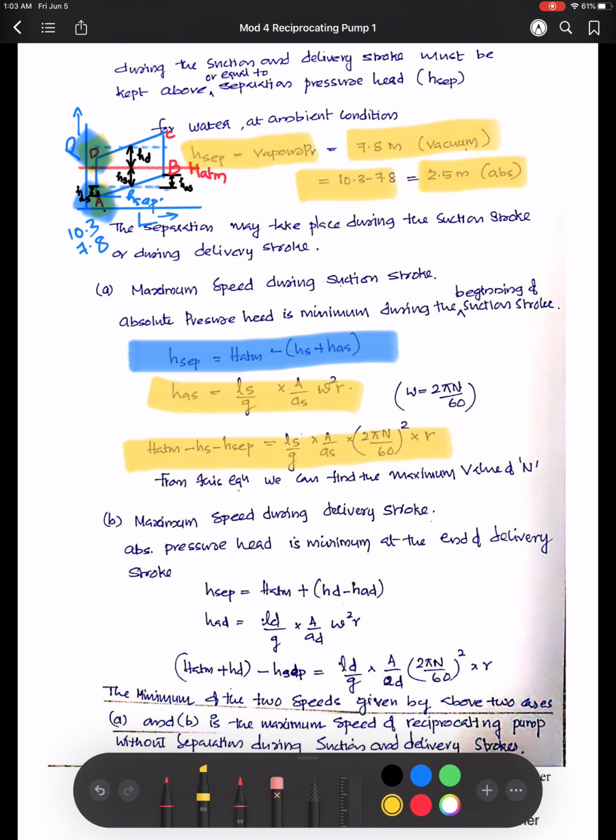From this equation we can find the maximum value of N. Similarly, during delivery stroke also, applying these conditions, we'll get another similar equation, and the maximum speed is selected by selecting the minimum of the 2 speeds given by the above 2 cases A and B. Clear? So I hope you understood what is separation and what is H-sep.